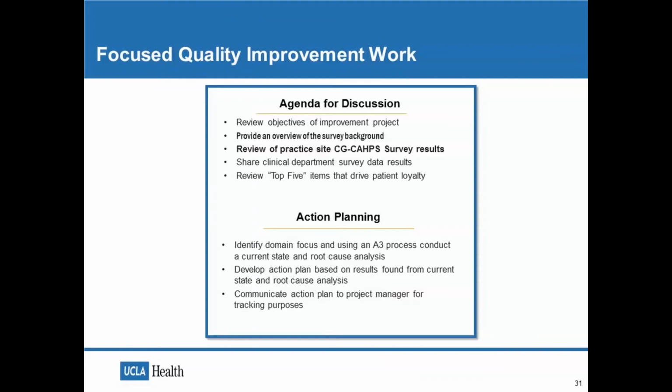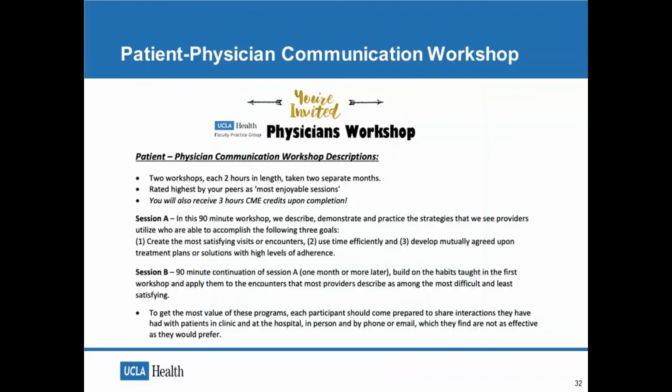And we also identify a top 5 areas or items from the survey that drive patient loyalty. And these top 5 are derived from a particular statistical analysis. On the action planning side, the A3 device is used, and both current situations and root cause are reviewed and plans are made. Action plans are made. Next slide.